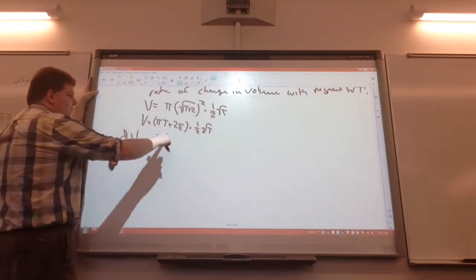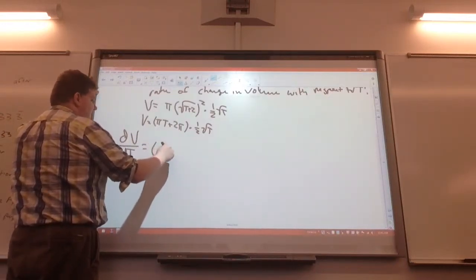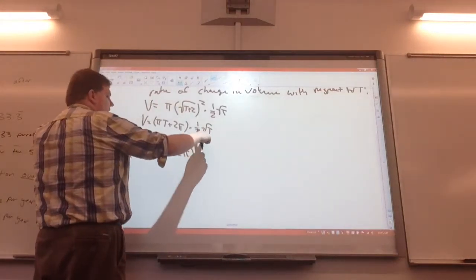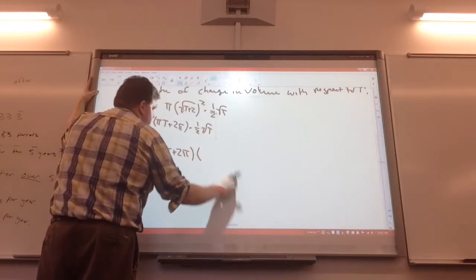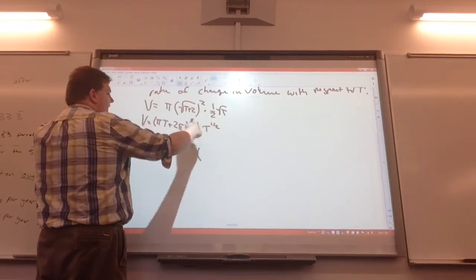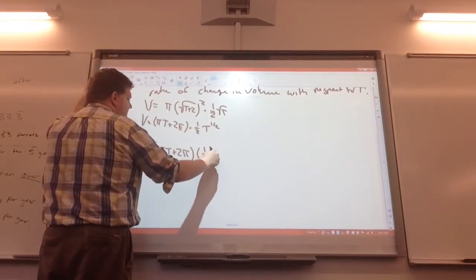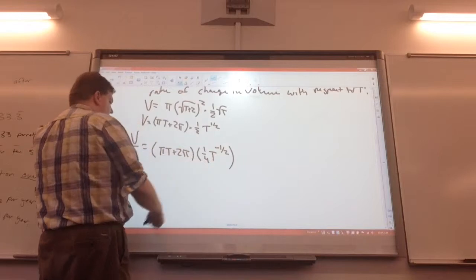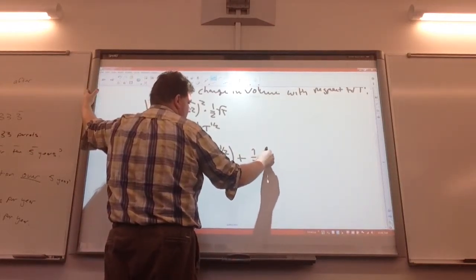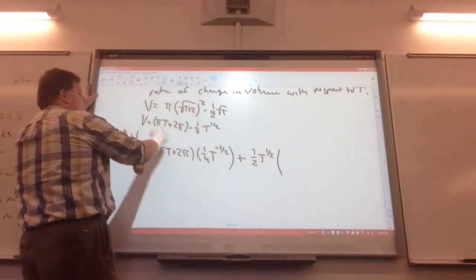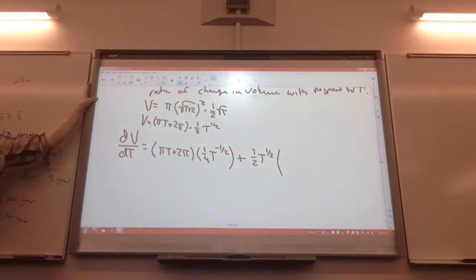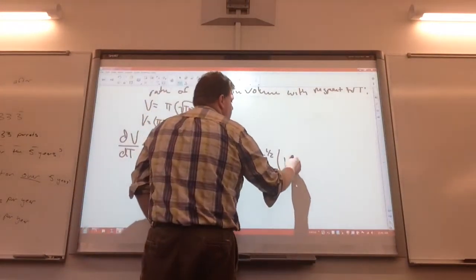Product rule says keep the first one the same, so it's pi t plus 2 pi, times the derivative of the second one. I could rewrite that as t to the 1/2, so it's 1/2 times 1/2, or 1/4 t to the negative 1/2, plus, keep the second one the same and multiply it by the derivative of the first one. What's the derivative of pi t plus 2 pi? Just pi, good.